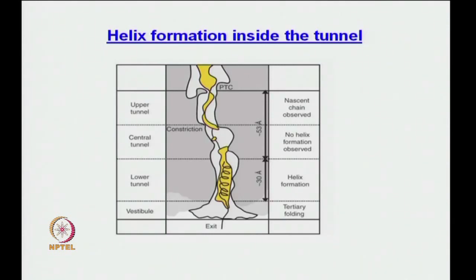Okay. And I think we also talked about one aspect, where a question can be asked: does the protein start getting structure inside the tunnel itself? Yes, evidence is there.